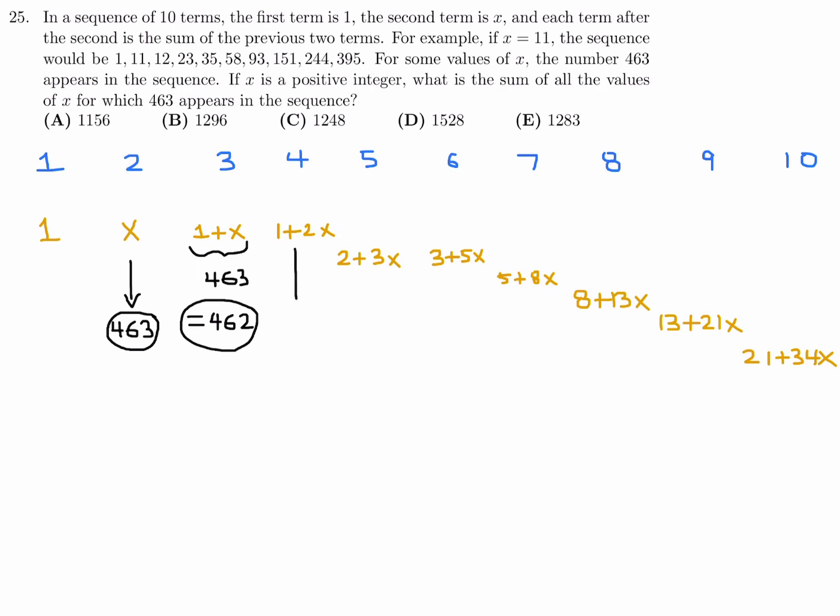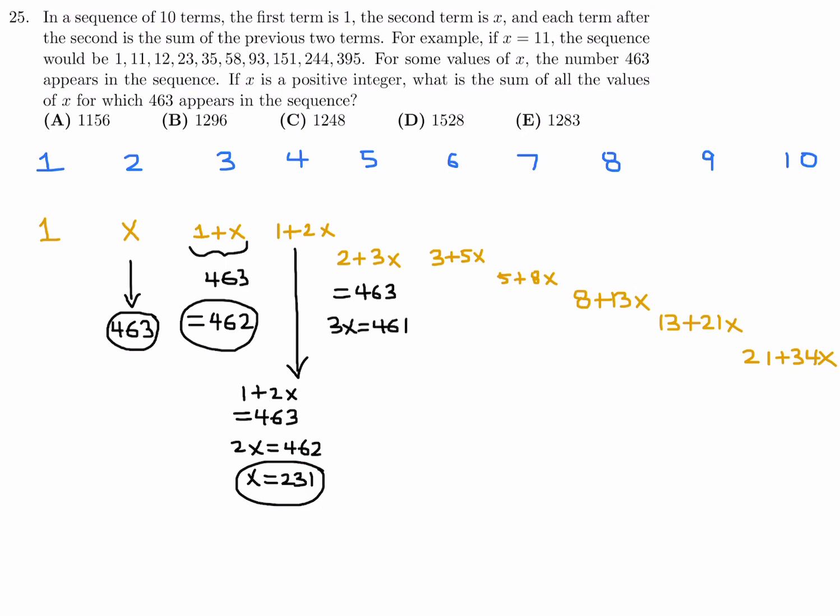In another sequence, if this was set to 463, then that would mean 1 plus 2x is 463. And then solving, you get 2x is equal to 462. And therefore x is equal to 231. Okay, great. I've got another value. Let's keep going here. In another sequence, if that fifth term, 2 plus 3x, is 463, then 3x is equal to 461.